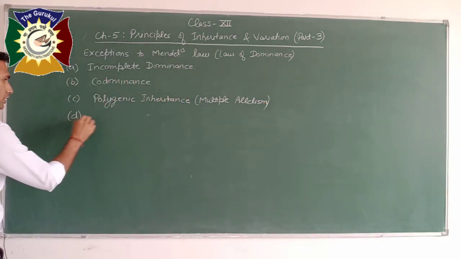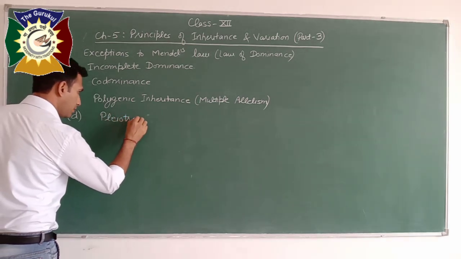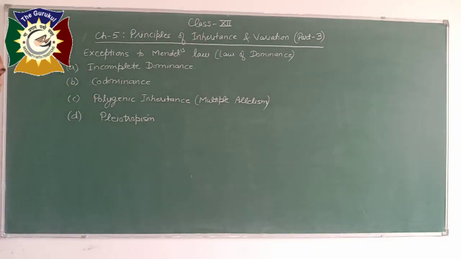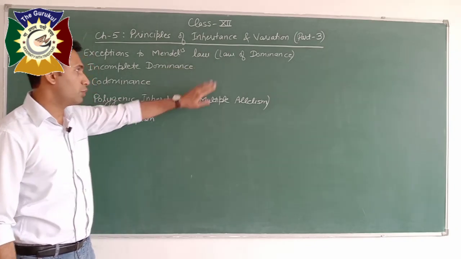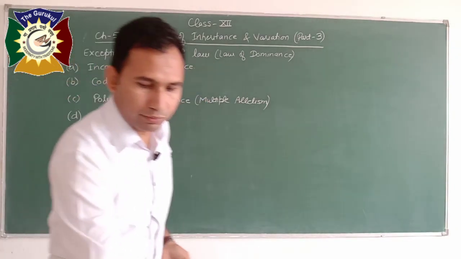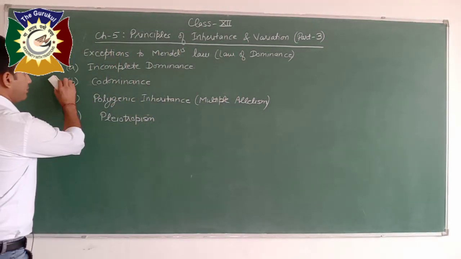And the 4th subtopic is pleiotropism. So these are 4 exceptions to Mendel's laws, and now we are going to study them one by one. So we will start with the first topic, that is incomplete dominance.